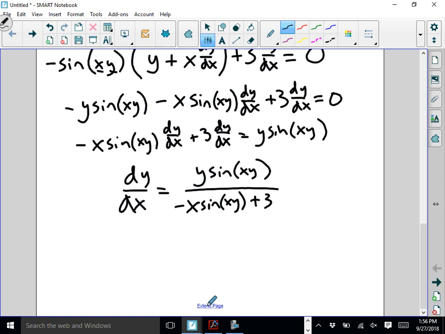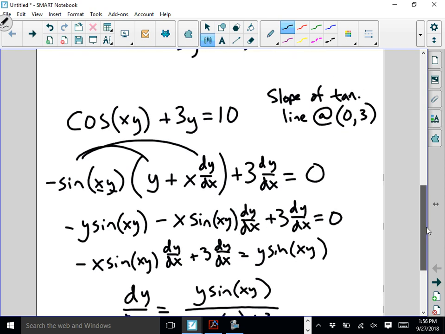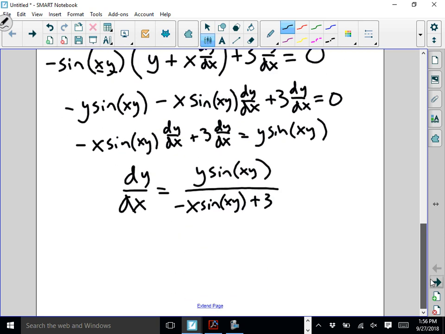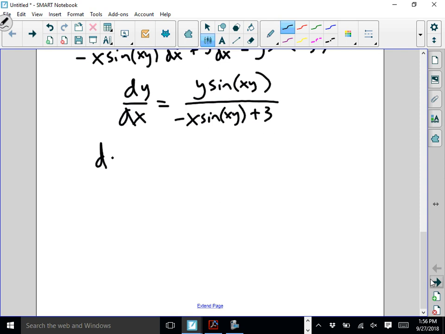The problem says we want to find the slope of the tangent line at the point (0, 3). Right, so we're working with the point (0, 3). You guys did a great job. We didn't look at this in the last video, but a lot of you guys figured out how to do it just intuitively, which is awesome. What I want to do now is replace all of my x's with zeros and all of my y's with 3's.